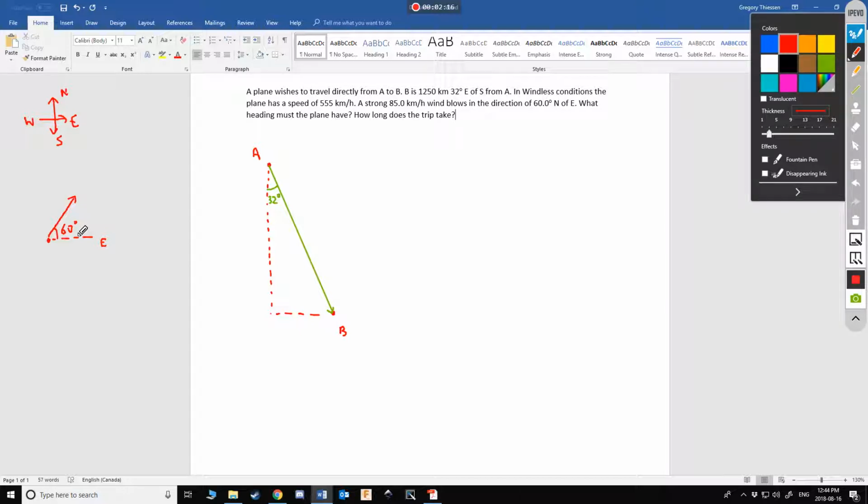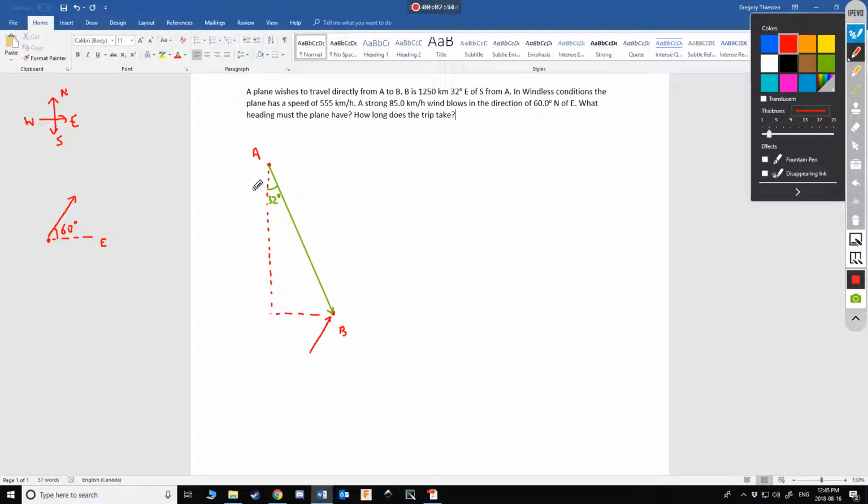So I know that my plane's direction vector plus the wind vector must add up to the resultant. So I'm actually going to draw in this one on my drawing first. So that wind vector is going to look something like the following right there. That's my wind vector.